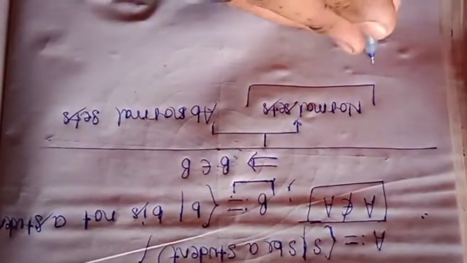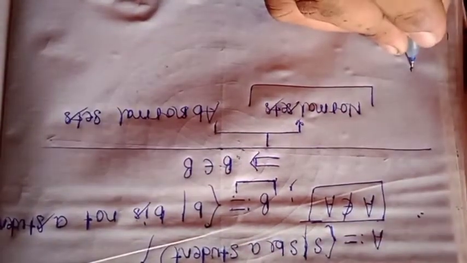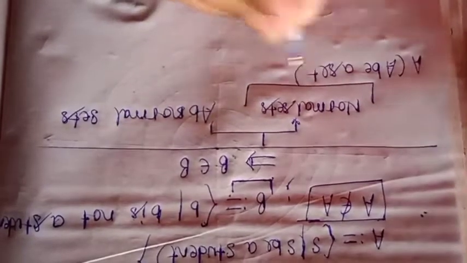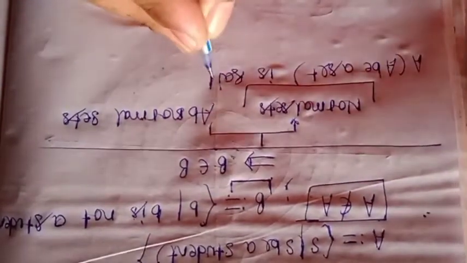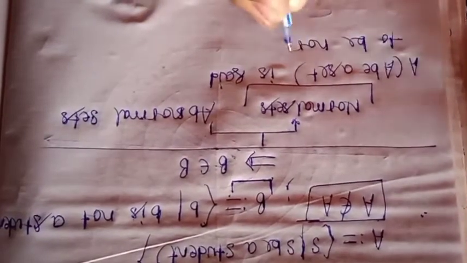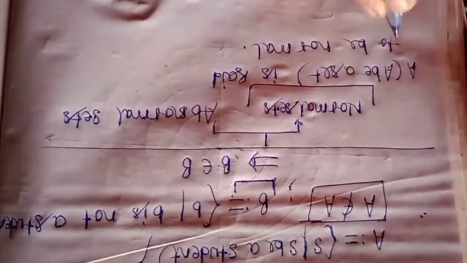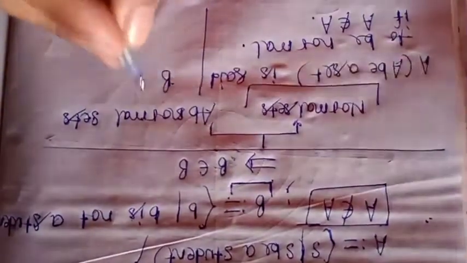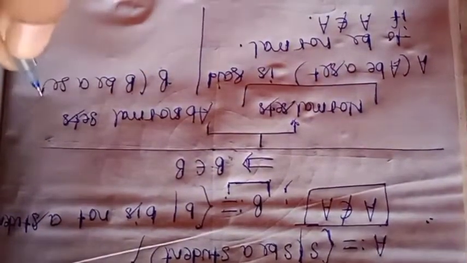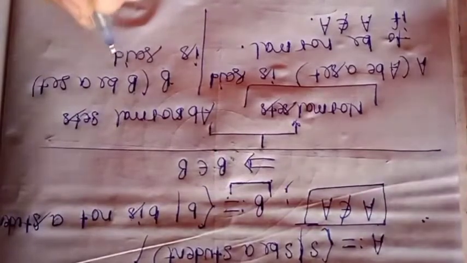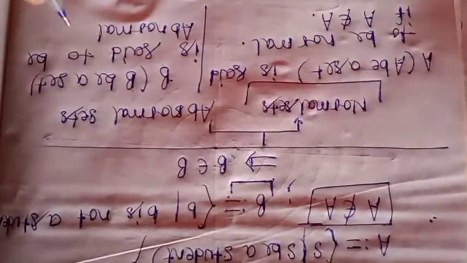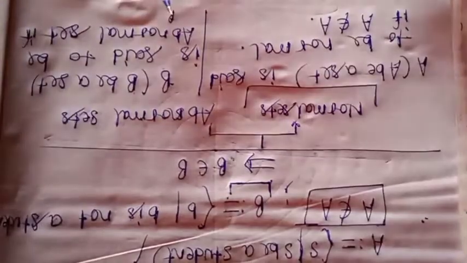A set A is said to be normal if A does not belong to itself, and a set B is said to be abnormal if B belongs to itself, that is, B belongs to B.